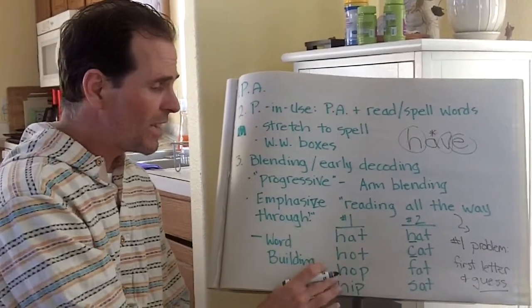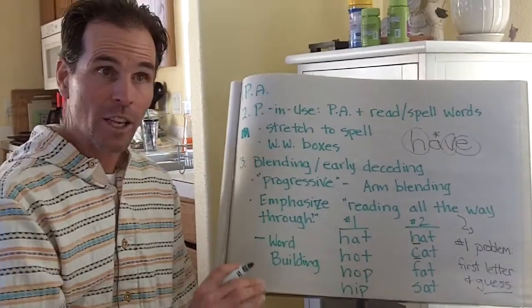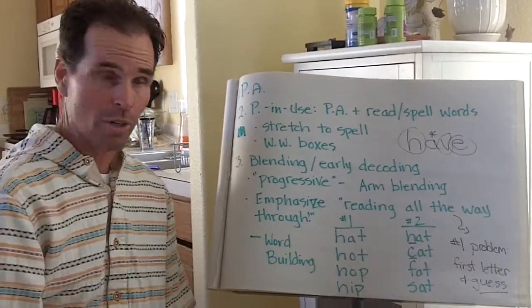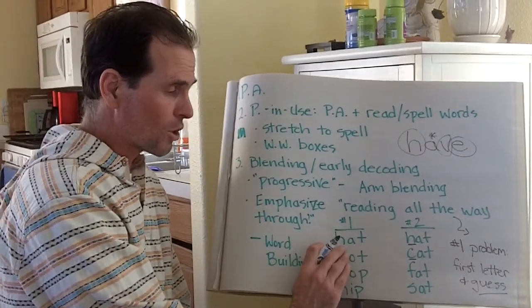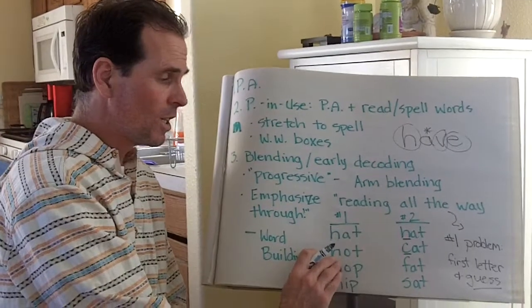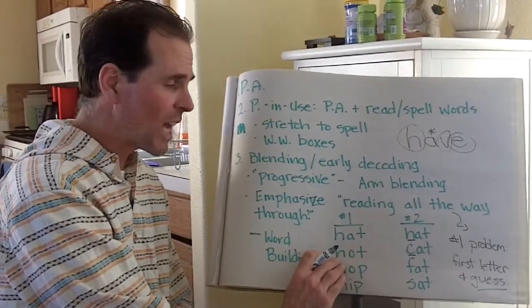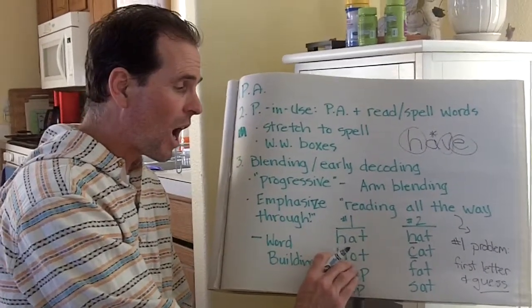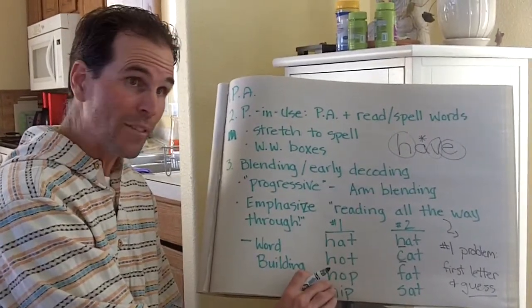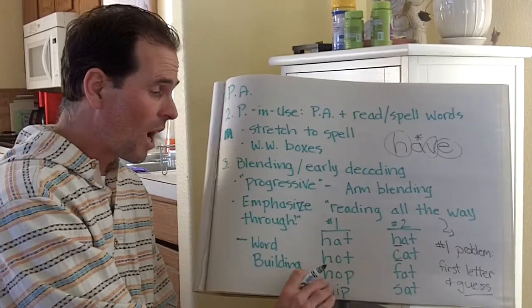Contrast that to our first list. Kids, we're going to read this list of words. You're going to see how important it is to read all the way through this word. Let's decode our first word, hat. Okay, second word, notice where the letters change. Now we need hot. Good. Third word, notice where we have a change. We have to read all the way through it.